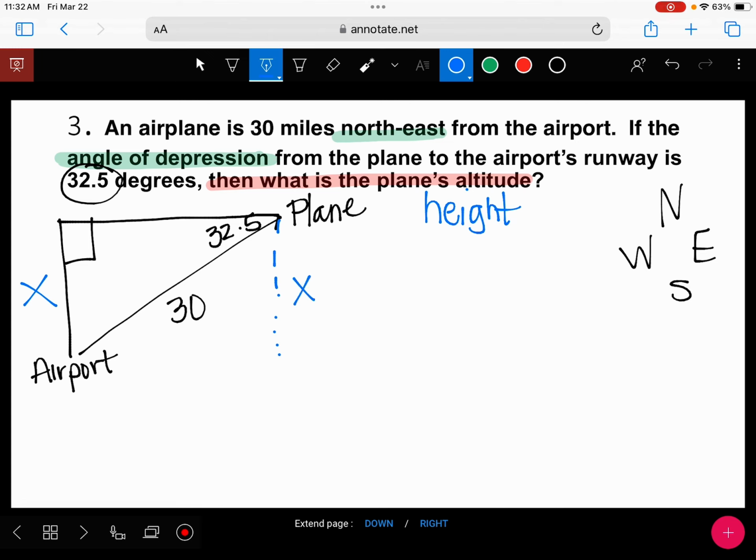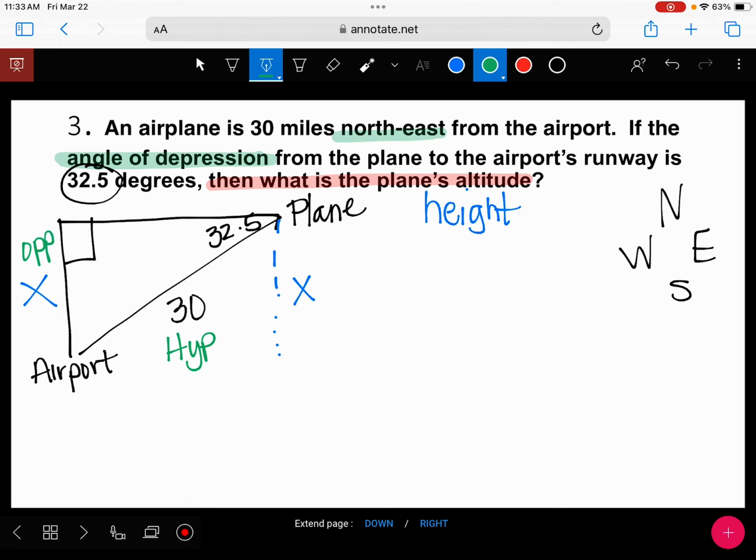This is the height. So using this triangle, what trig ratio do you think we're going to use to find this x? Sine. Who agrees? Sine. So we know that 30 is my hypotenuse and x is opposite.